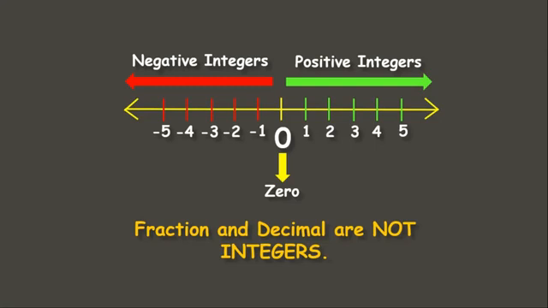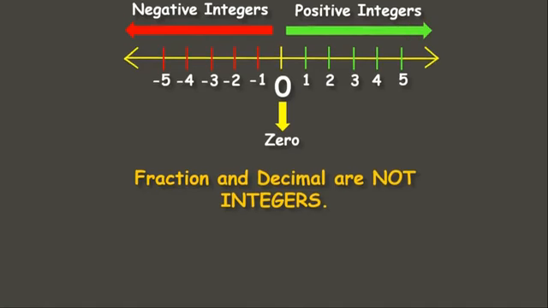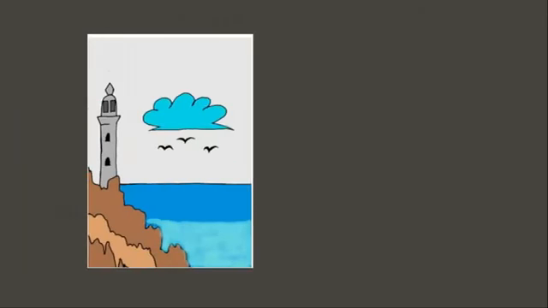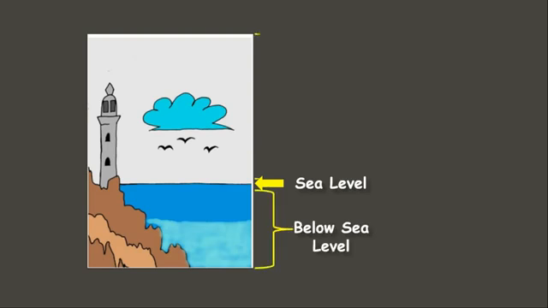Some real-world situations can be modeled by integers. Let's take a look at this example. The sea level represents 0, while below the sea level represents negative numbers, and above sea level is represented by the positive numbers.